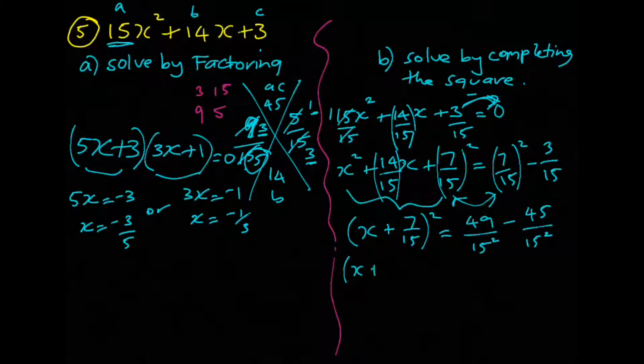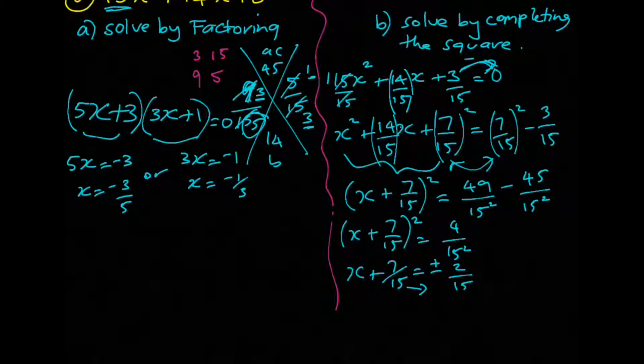So x plus 7 on 15 squared is equal to 4 on 15 squared. Square rooting both sides, we get x plus 7 on 15 is equal to plus or minus 2 on 15.